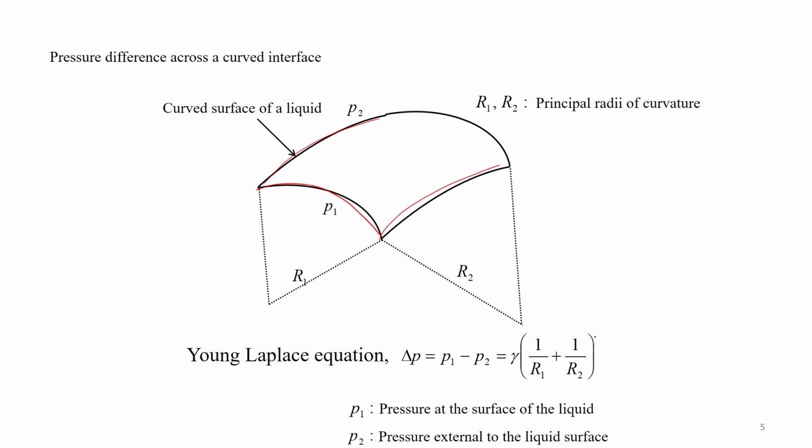The total surface curvature is 1 by r1 plus 1 by r2, multiplied by gamma, the surface tension, and that gives the pressure difference across this interface. The pressure below the interface is P1 and that above is P2, so P1 minus P2 is given by this.